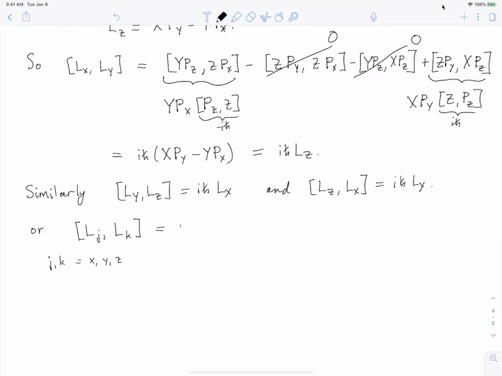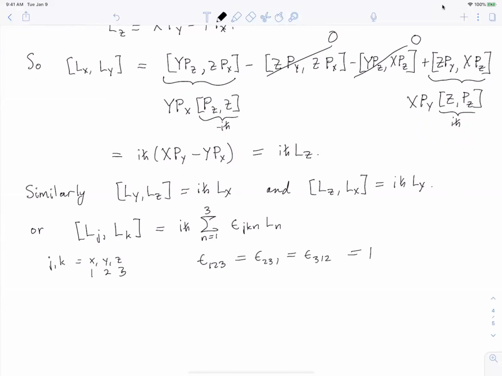This is equal to i h bar times a sum, n equals 1 to 3, so x is 1, y is 2, z is 3 for this purpose, of epsilon jkn Ln, where epsilon 1, 2, 3 is equal to epsilon 2, 3, 1 is equal to epsilon 3, 1, 2.